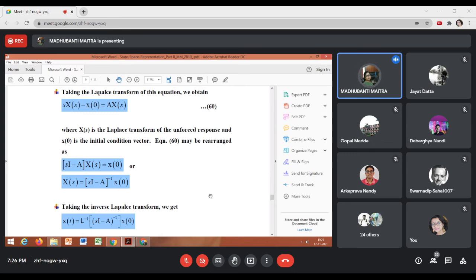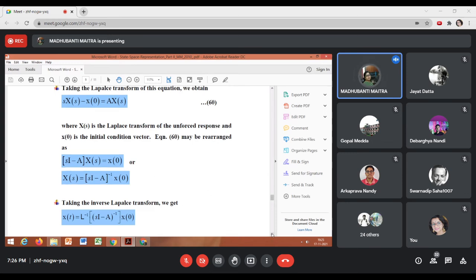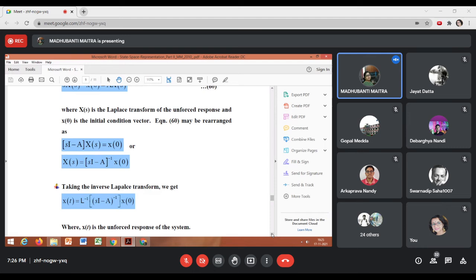Okay, so X(s) is (sI minus A) inverse into x0. Clear?